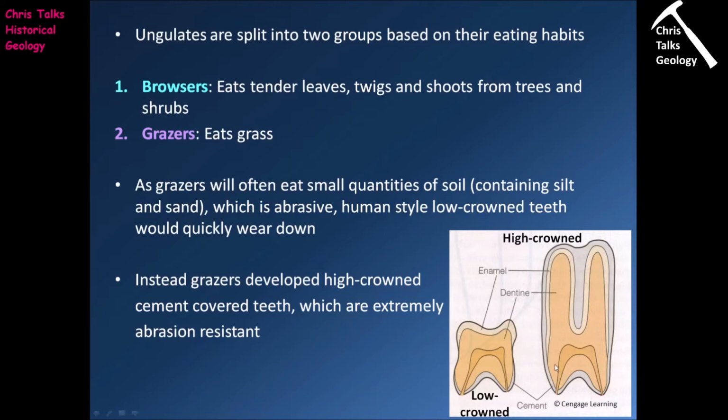The next thing that we see is that we have the layer of enamel and we have the dentine. So we have these two hard materials which are going to take a while to wear down, but we also have the addition of a cement coat along the outside of the tooth, and this gives you essentially a third layer of protection, making the tooth even more abrasion resistant, so it will last longer. And of course this means your animal will be able to survive for longer. It won't have dental issues early in its life.